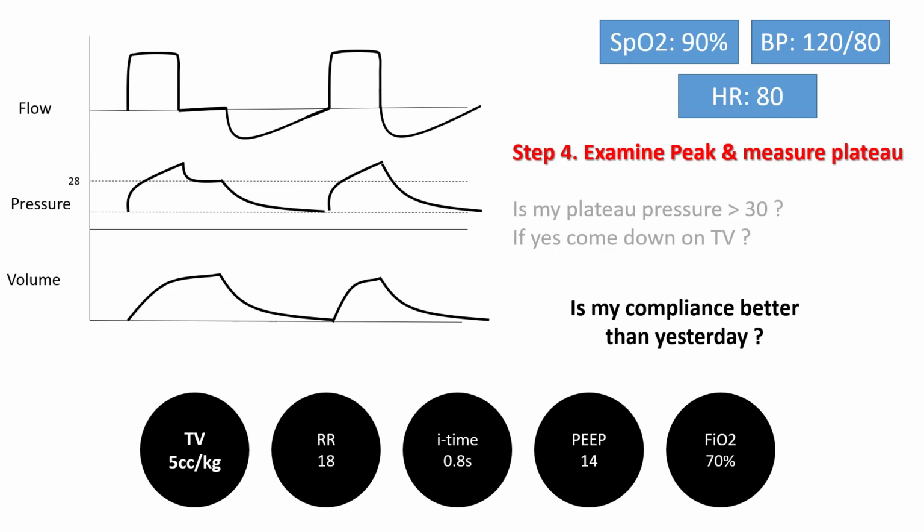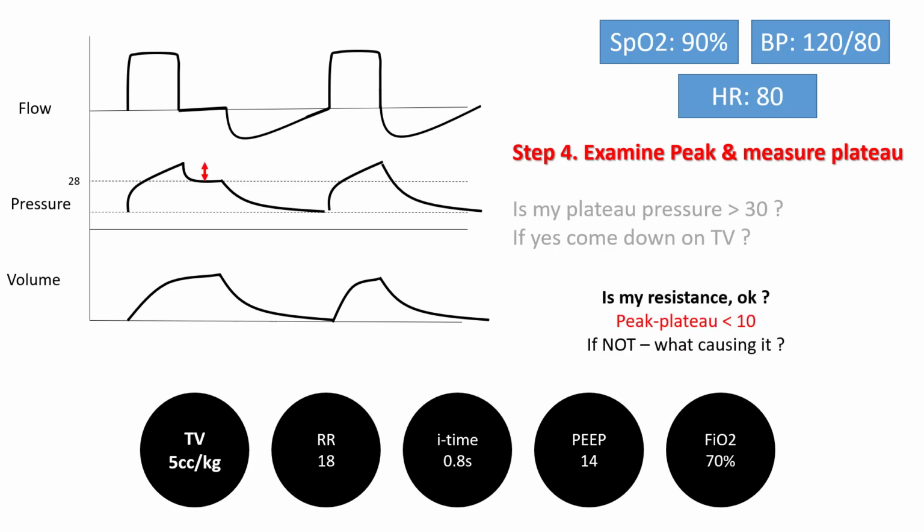Other thing I look at is compliance, and I want to compare the compliance from yesterday and see if that is getting any better. Lastly, I look at the resistance part of the circuit. That means looking at the peak minus plateau and seeing if it is less than 10. If not, I would like to know what's really causing it.